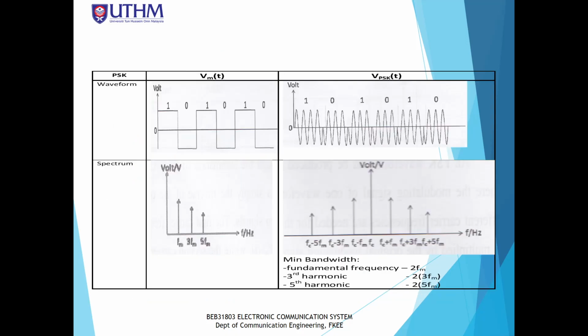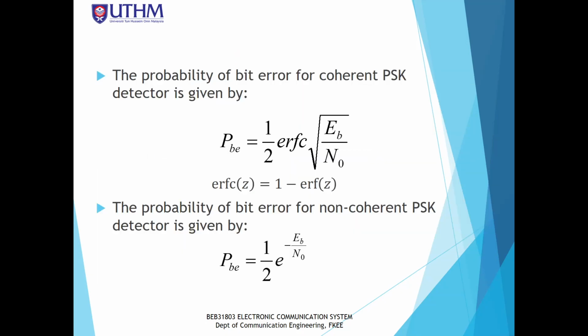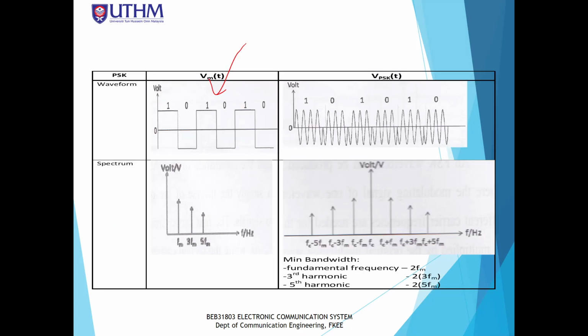And here you see that this table wants to show the relationship of the input and the output. Given the input here is 101010, what is the output here?